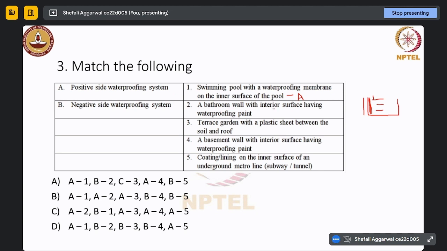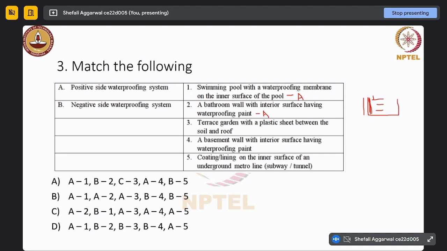Next is a bathroom wall with interior surface tile waterproofing paint. So again, it will be a positive side waterproofing system because in bathrooms we have water inside the bathroom itself.